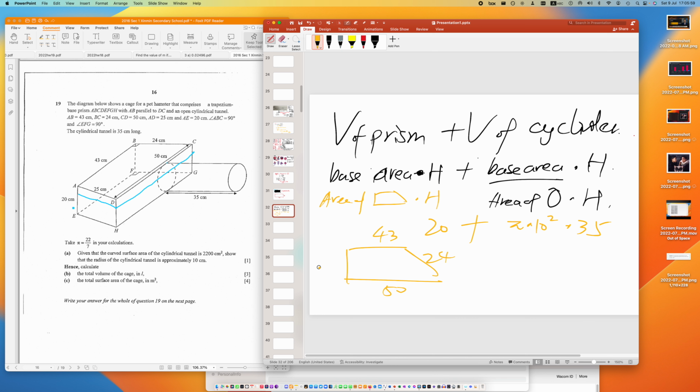This is 25. So it really depends how you look at it. You can see it as figure 1 plus figure 2, or you can also see it as this. You can even see it like this. I really leave it to you. Okay, let's take a 5-minute break, then we'll come back to look at this together.